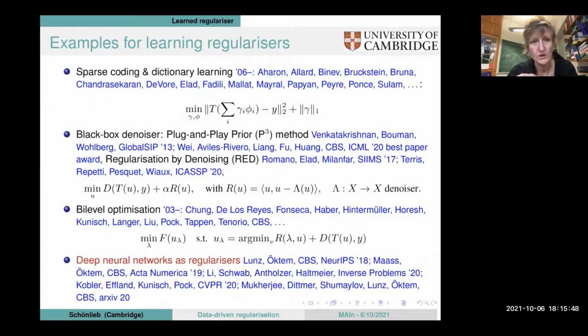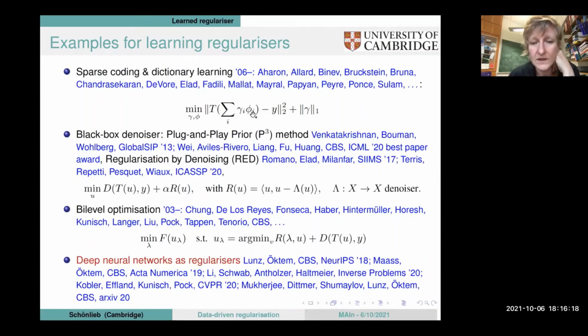So let me comment on a few machine learning type approaches to regularization. One of them is dictionary learning, in the context of sparse coding, of sparsity promoting regularization, where the idea is you represent your reconstruction as a linear combination of some basis functions or dictionary elements. It doesn't need to be a basis.